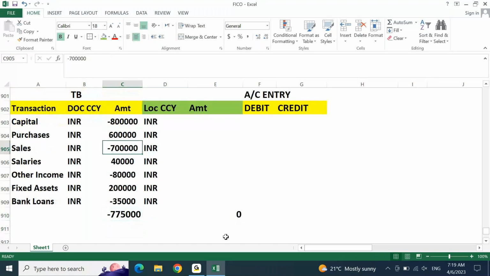If this is not becoming zero, let us update these values until you make sure that it becomes zero. Nine double five.